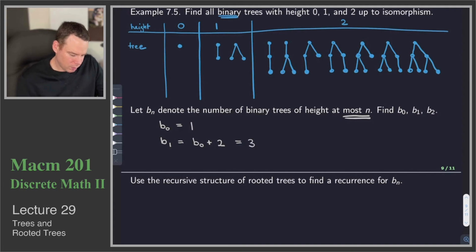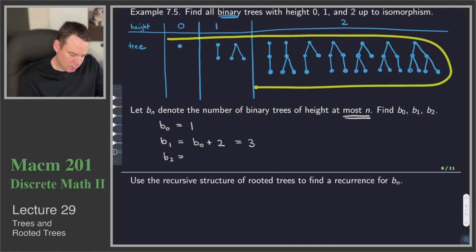So again, if we want to think in terms of our diagram above, B0, all the trees of height at most 0, is just that one. B1, all the trees of height at most 1, includes the ones of height 0 plus the ones of height 1. B2 is going to be all the trees of height at most 2.